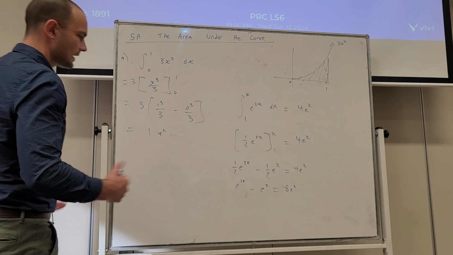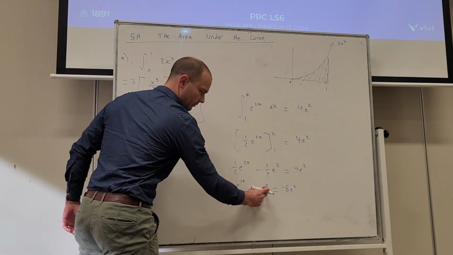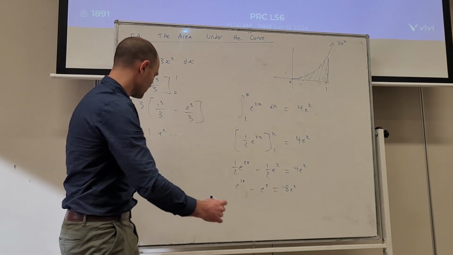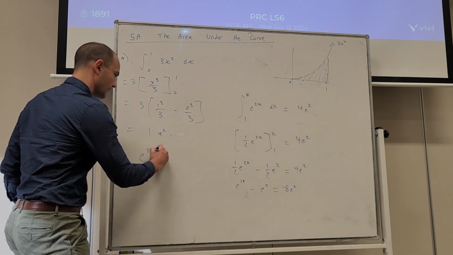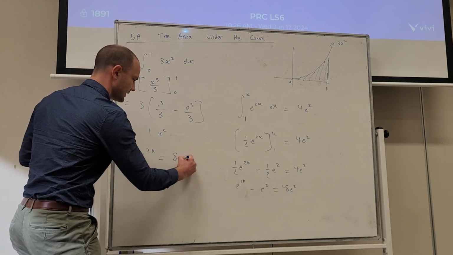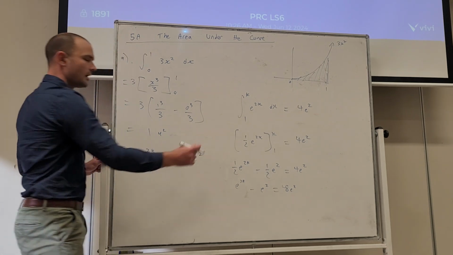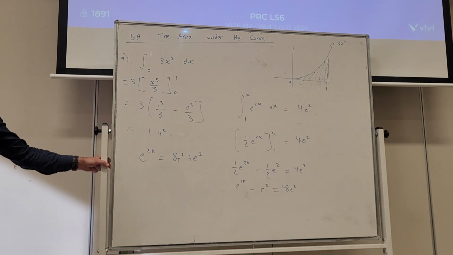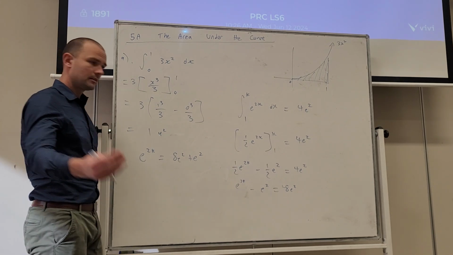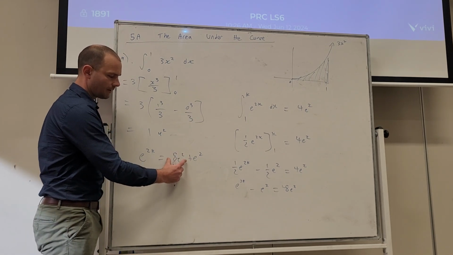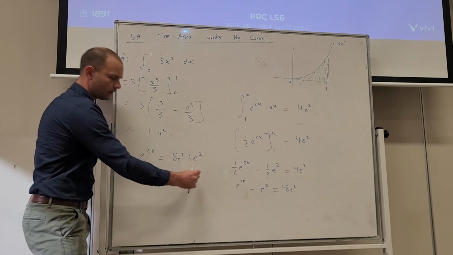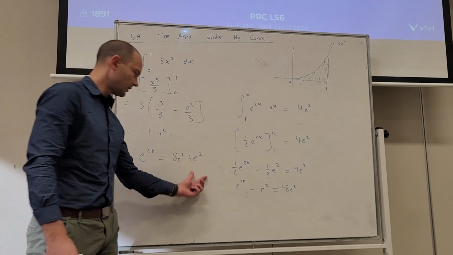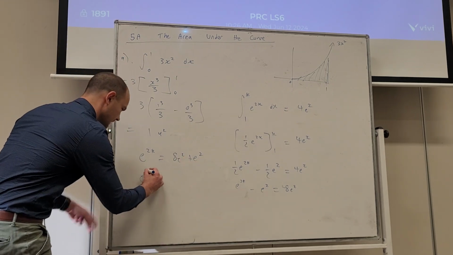And now I'm going to add e squared to both sides. I'm going to get rid of this component. I'm going to come up here. So we'll have e to the 2k equals 8e squared plus e squared. And they're like terms because they're both e to the power of 2. Here I've got 8 lots of it. Here I've got 1 lot of it. 8e squared plus 1 lot of e squared gives us 9 lots of e squared.